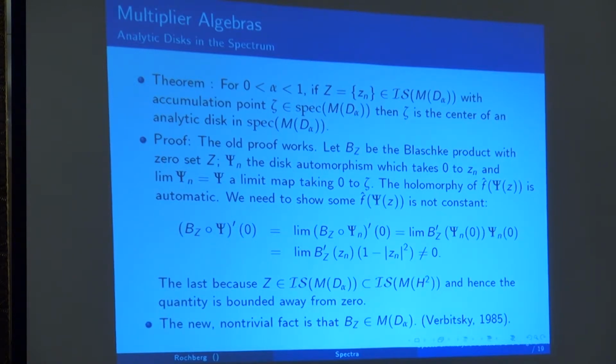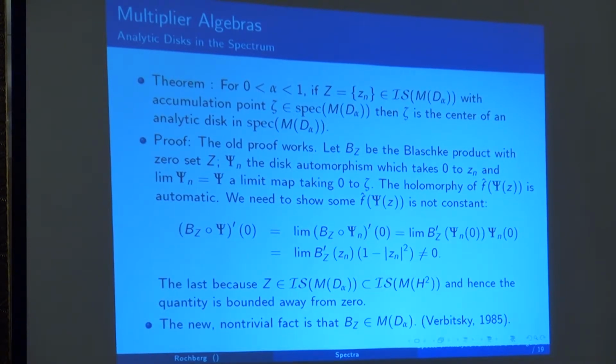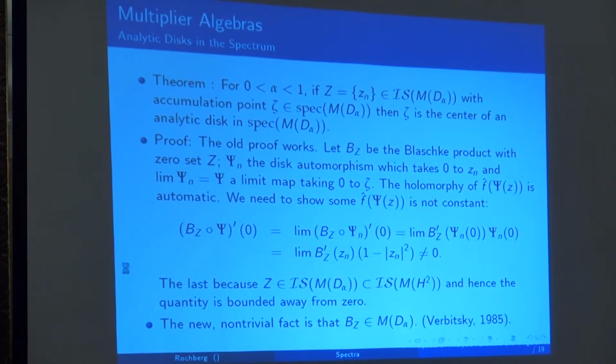What's actually true is a theorem that says if your sequence is an interpolating sequence for the multiplier algebra, then that Blaschke product is in the multiplier algebra. That's a non-trivial theorem that goes back to 1985 by Verbitsky. His proof is quite classical. You can give more modern proofs, but you need something like this to make this proof work.